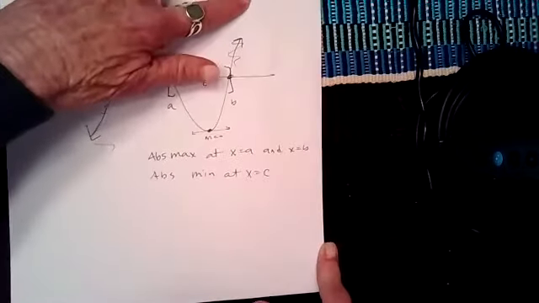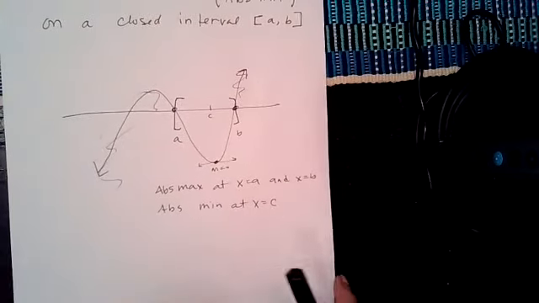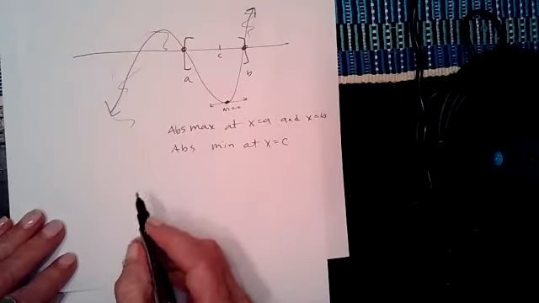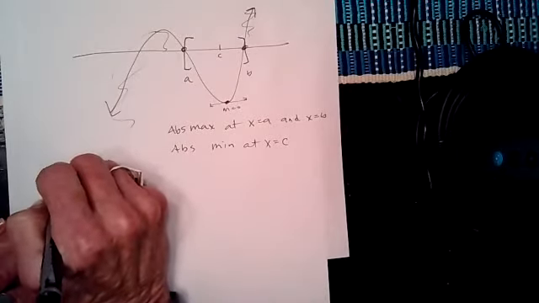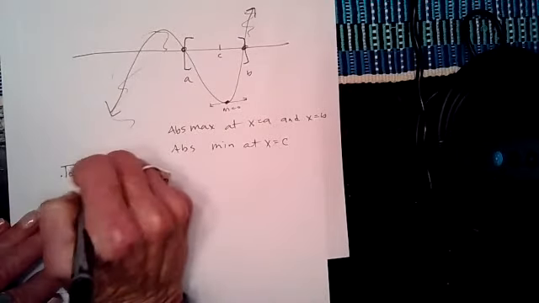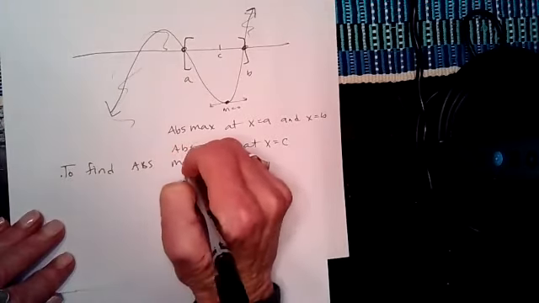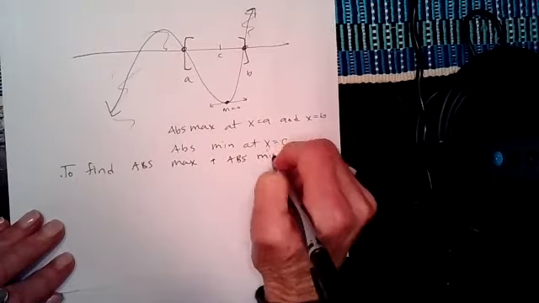Now we can have absolute max and absolute min on a closed interval. If you're given a closed interval from A to B, an absolute max and absolute min will exist. These are the steps to find absolute max and min.